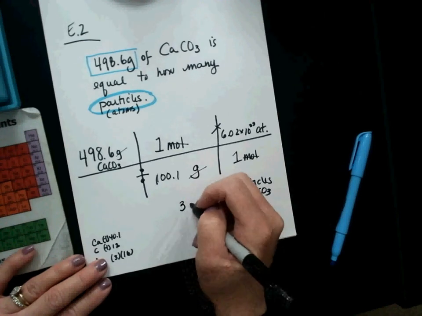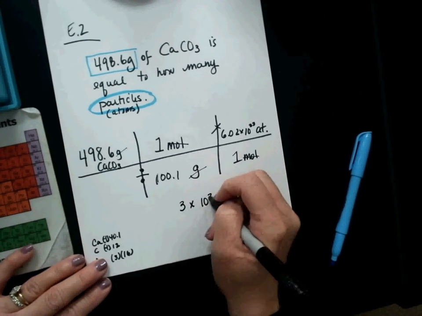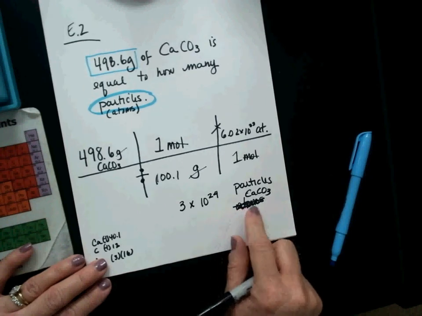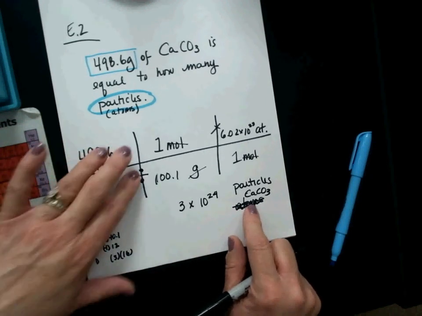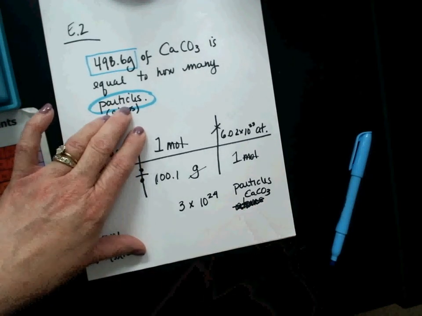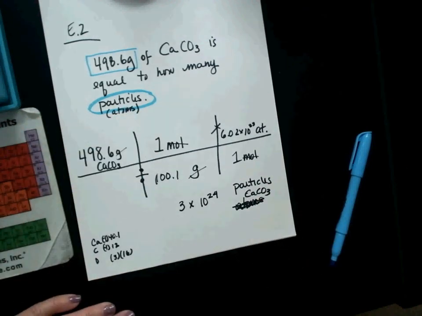What'd you get? I got 3 times 10 to the 24th. Notice I started to write atoms because it's more common, and then I remembered in my problem they said particles, or I said particles, so I made it particle CaCO3. It's okay. I just followed what was in the problem.